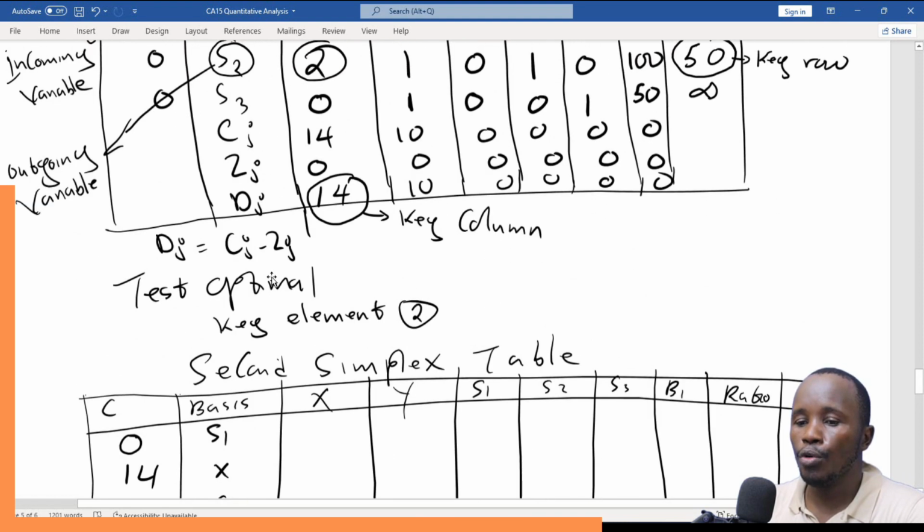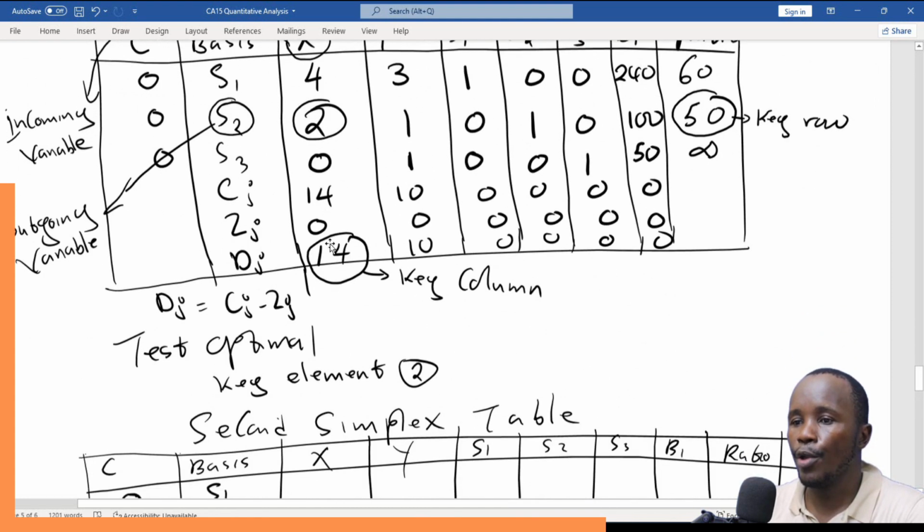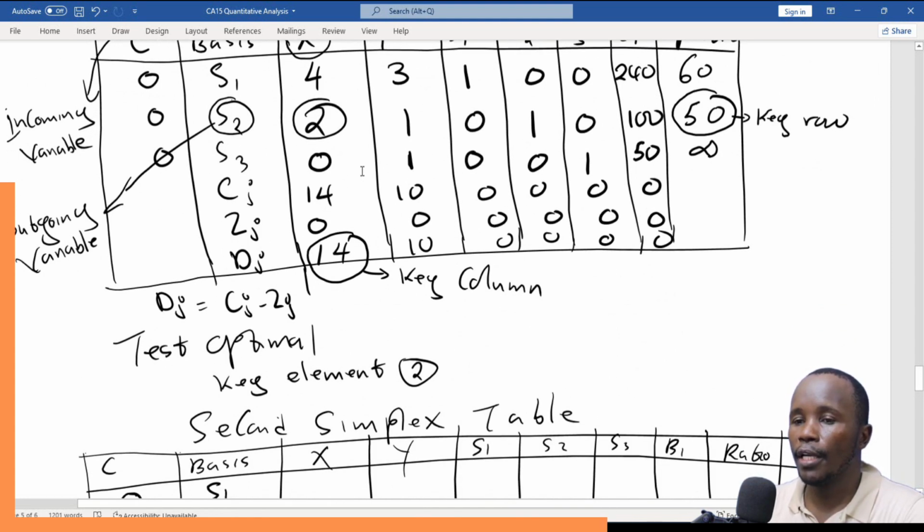We go to the key row and we have identified what we call the key element. So we divide each and every item in this row with the key element. So it will be 2 divided by 2, 1 divided by 2, 0 divided by 2, 1 divided by 2, this divided by 2, this divided by 2. Can we do that?